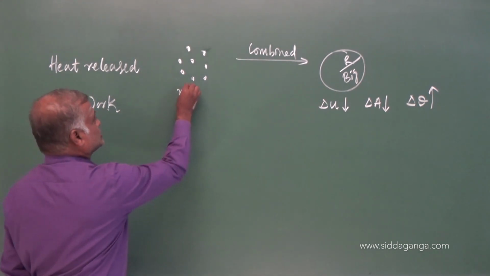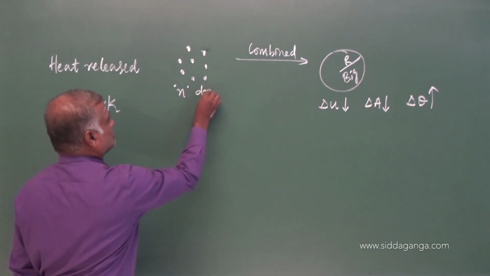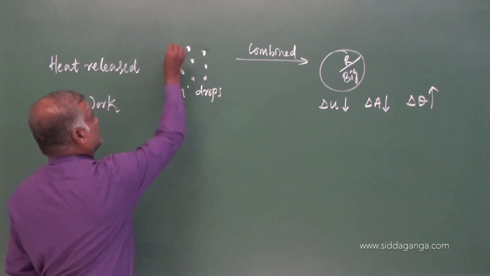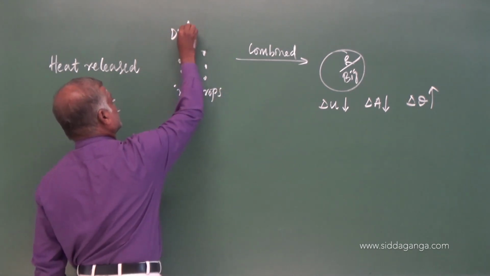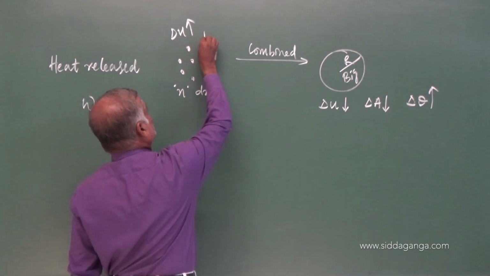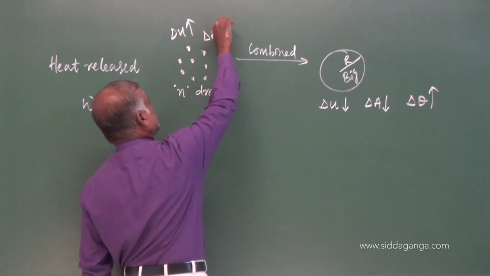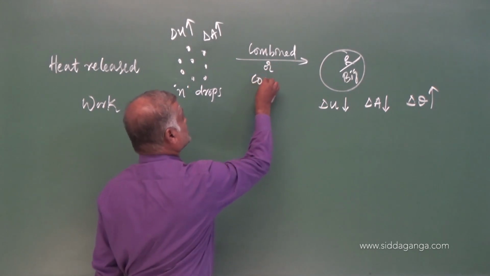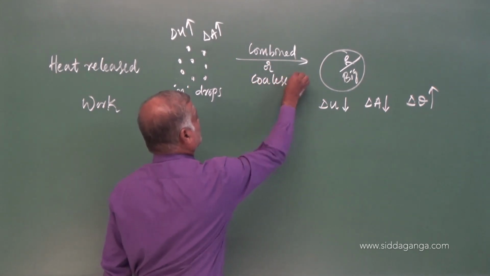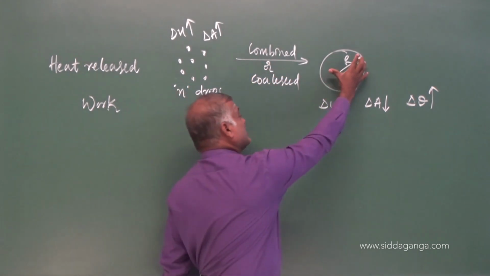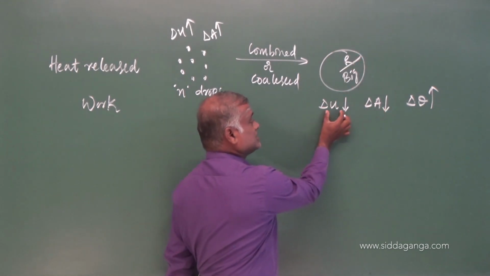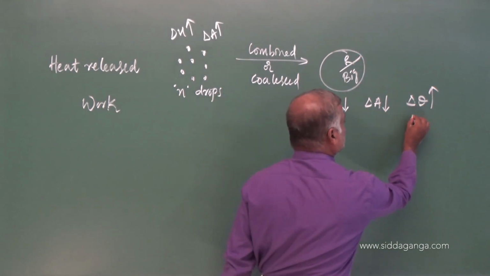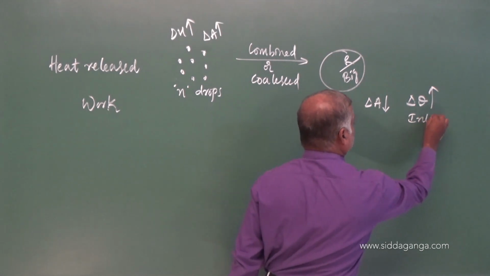When n drops having more surface energy and more surface area combine, or coalesce, the surface area decreases, surface energy decreases, and there is an increase in temperature.